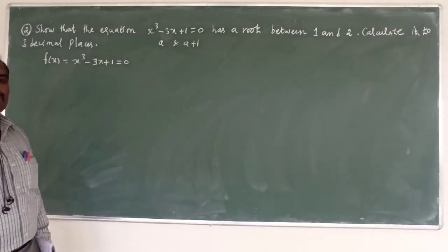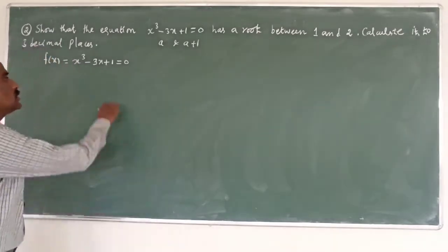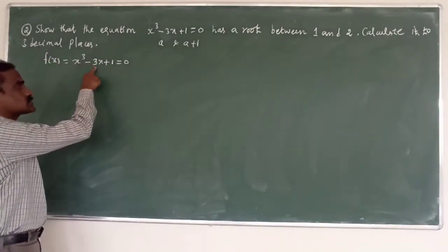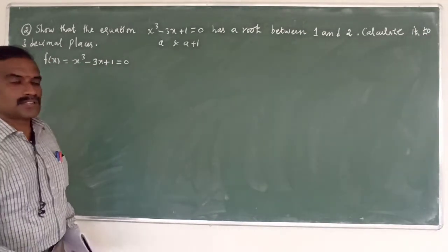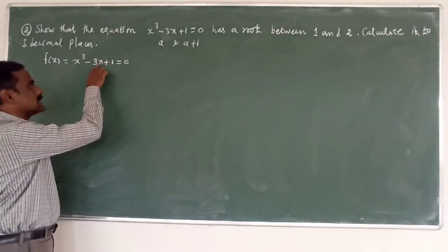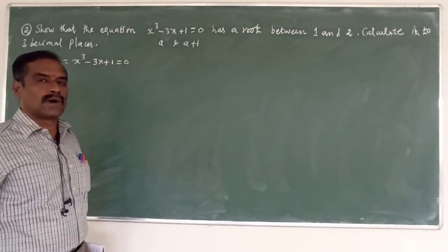This is already arranged in f of x equal to 0 order. Here x square is not available, so we have to fix the value 0, and then x value minus 3x plus constant value 1.